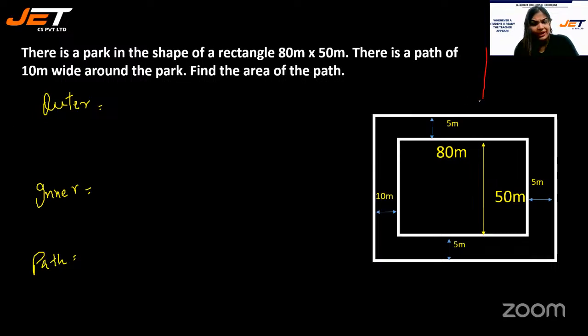So if I talk about the outer one, the length is 80 plus 10 plus 10 on both the sides, which is equal to 100 meters. And the width, if I talk about the width, sorry, it's 5.